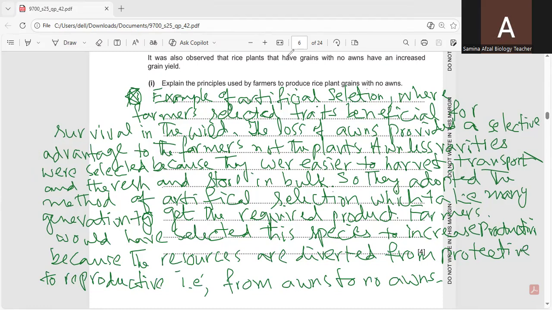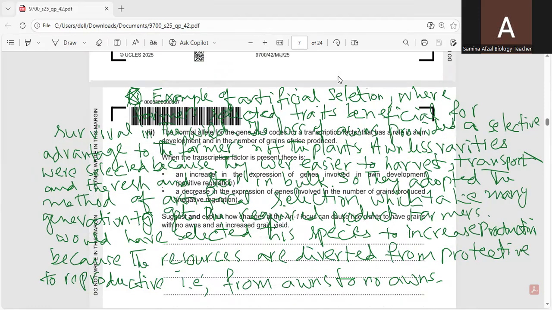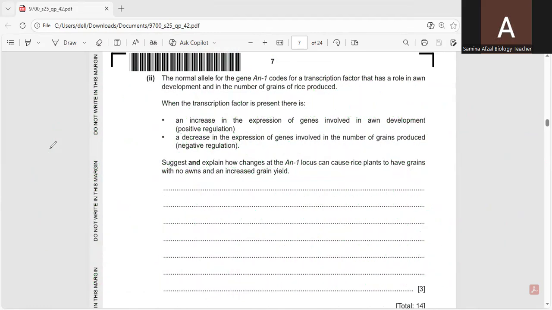So it was question number 3, part C. Now the second part of the question: the normal allele for the gene AN1 codes for a transcription factor that has a role in awn development and in the number of grains of rice produced.